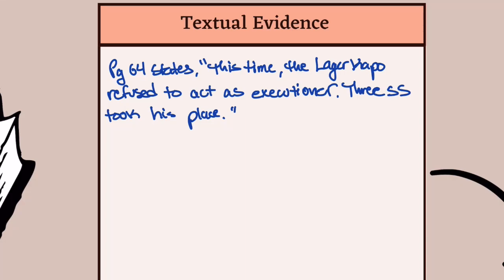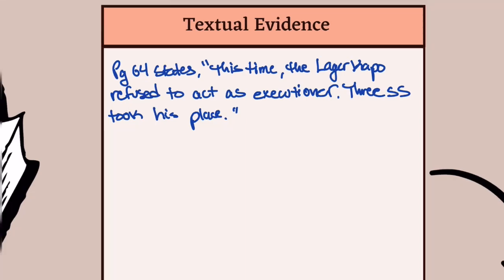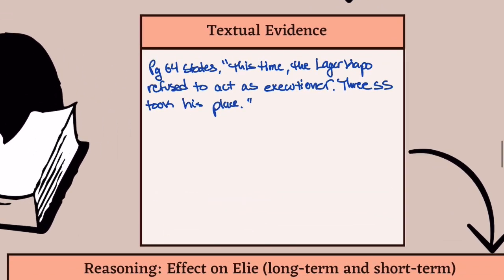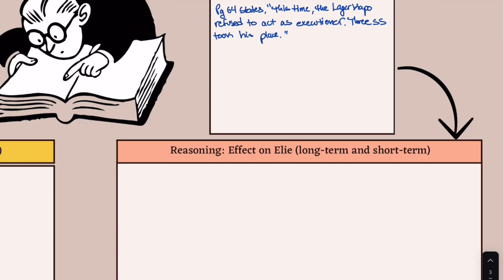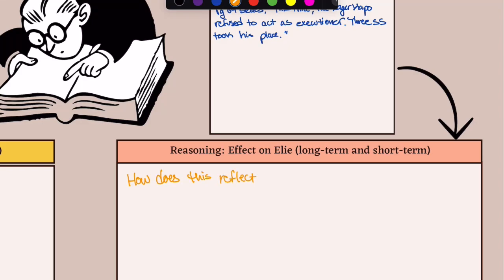Okay, I think that's the only textual evidence that I want to put for this one. Because it's a quick observation that Eli has before the hanging of the Pipal. And what I want you to focus on for your analysis statement is how does this reflect the dehumanization of the SS officers, the Nazi officers?